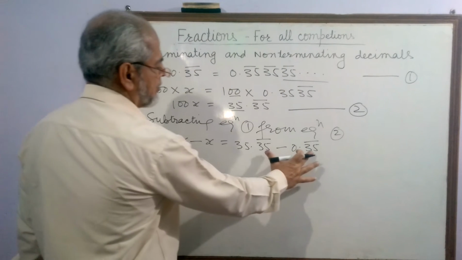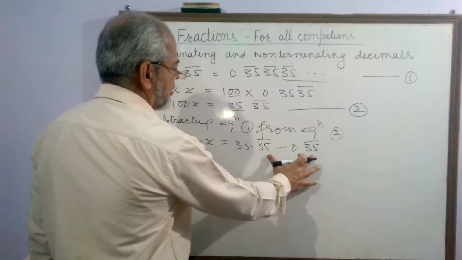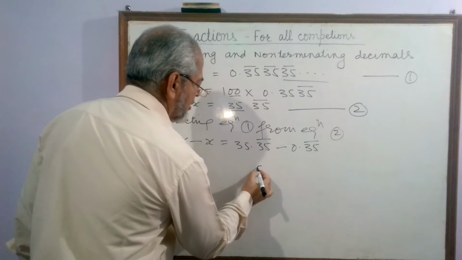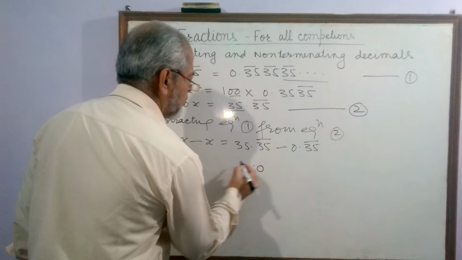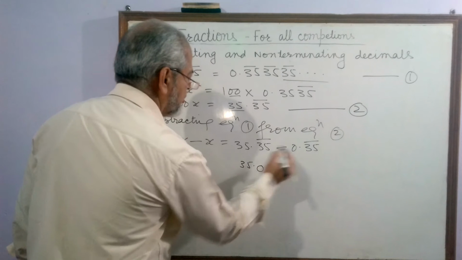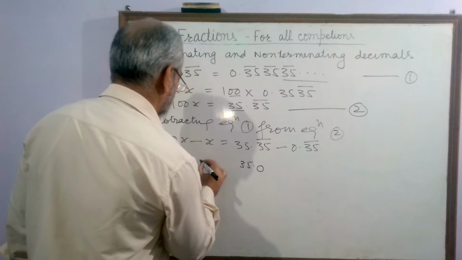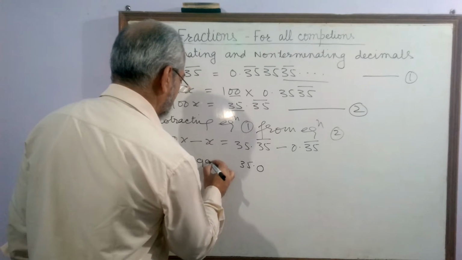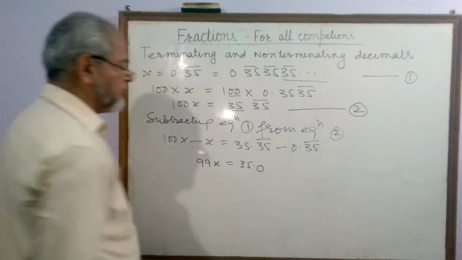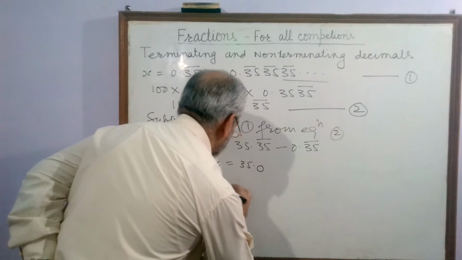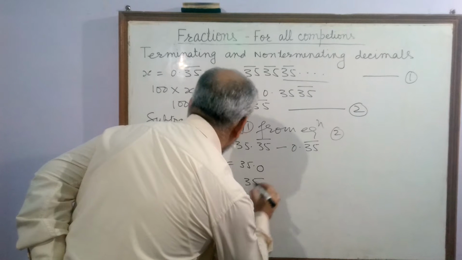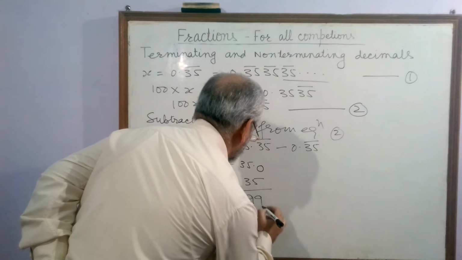We have same numbers after the decimal, so after the decimal the result will be 0, and 35 minus 0, 35, and left side 100 minus 1, 99. So 99x is equal to this much. So x is equal to 35 upon 99.